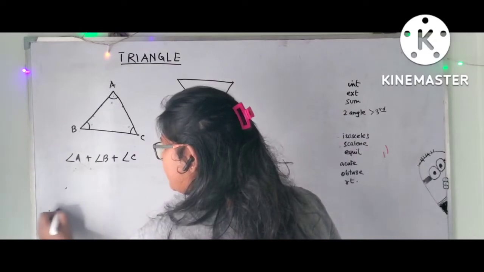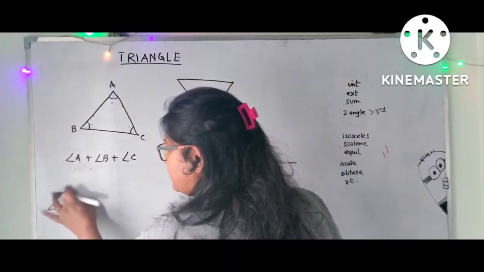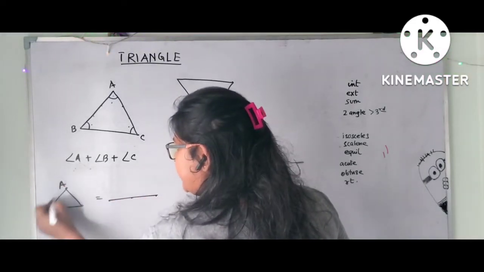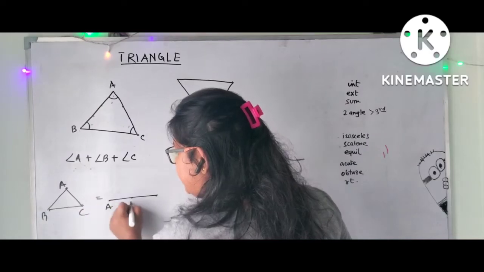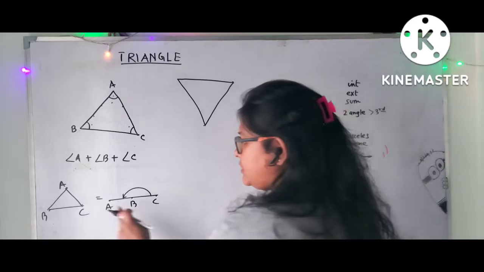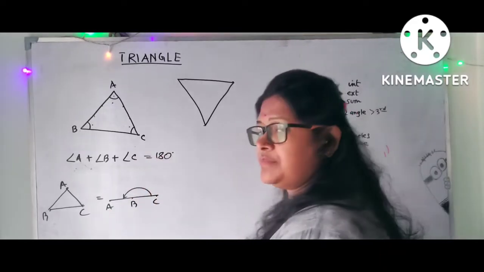I showed you joining these three dots, but if I open the dots, then my A, B, C will become a line. What is this angle? It's a total straight angle. So the addition of these three will always become 180 degrees.